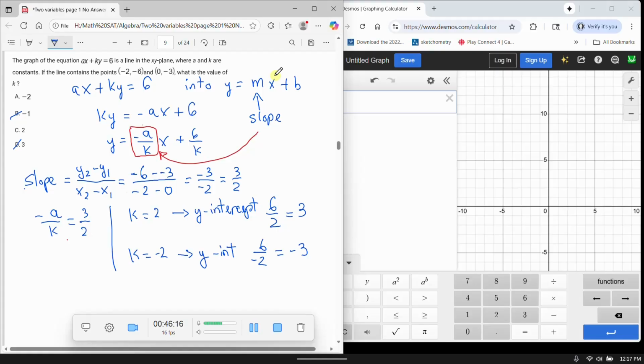So -3 comes from the y-intercept. It has to come from the point (0, -3).